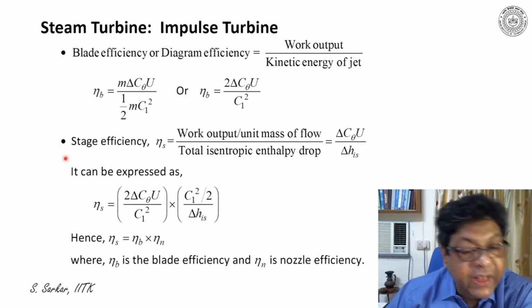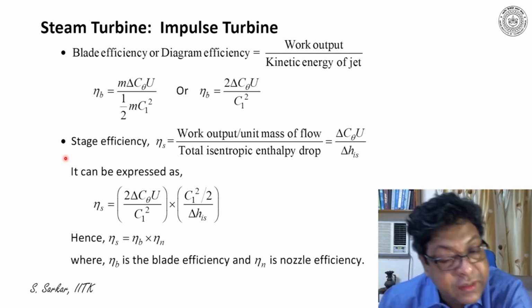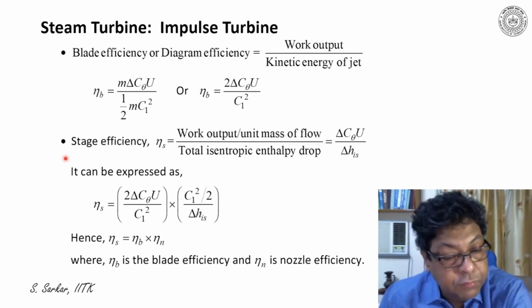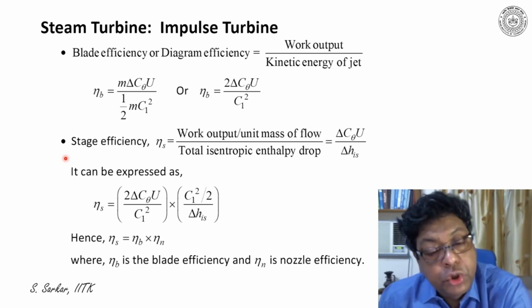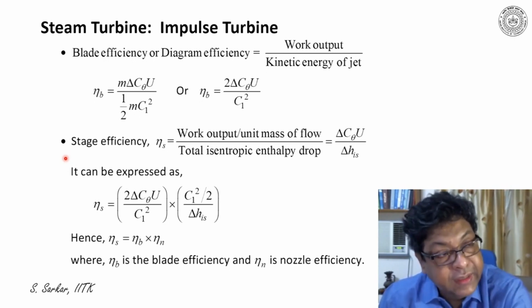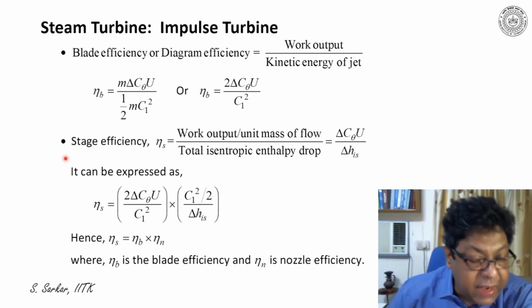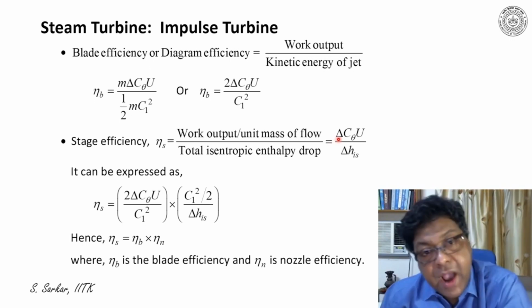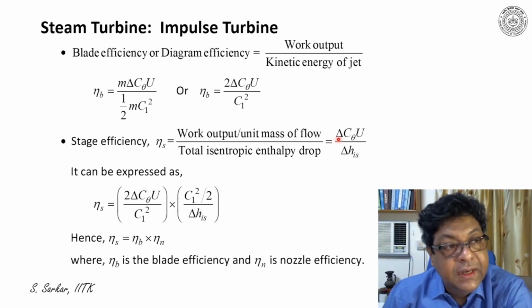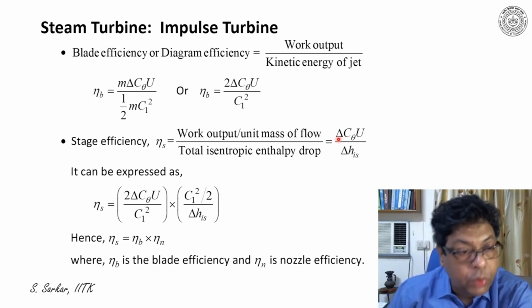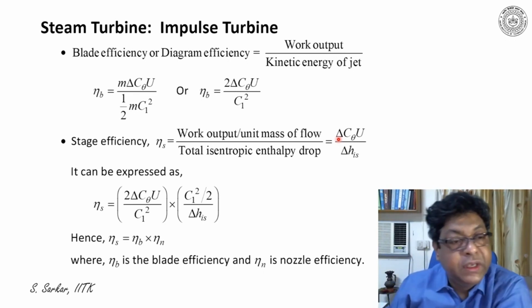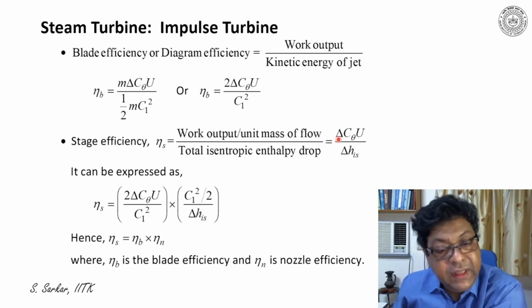Now the stage efficiency eta S would be defined as the ratio of work output per unit mass flow to the total isentropic enthalpy drop. That is, it can be stated as eta S equal to delta C theta into U divided by delta H isentropic, where delta H isentropic represents the isentropic enthalpy drop in the assembly of nozzle and rotor.